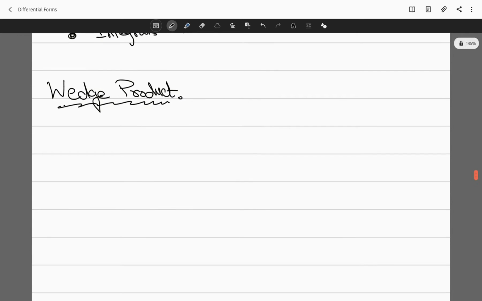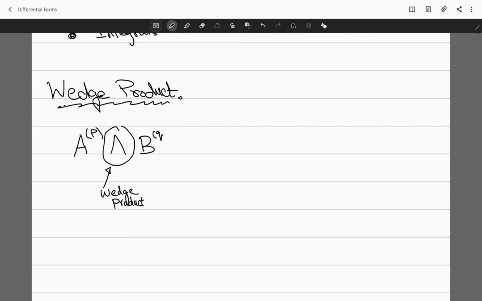And so then we can define the wedge product, keeping in mind the thing I just told you. Then we have A_p wedge, and this symbol over here stands for the wedge product. So A_p wedge product with B_q is actually equal to C_{p+q}.